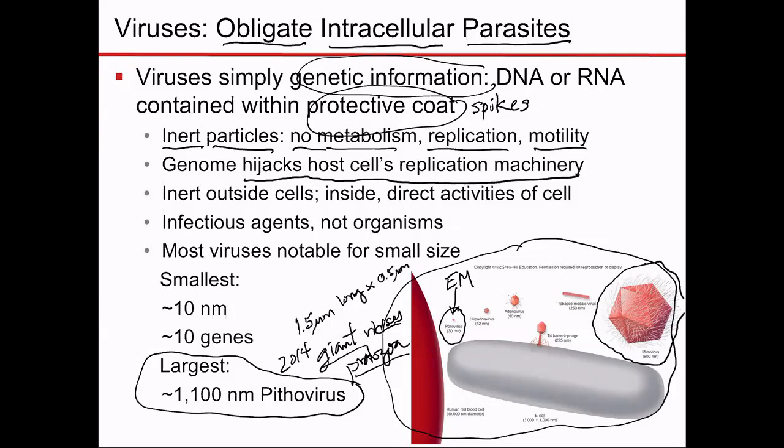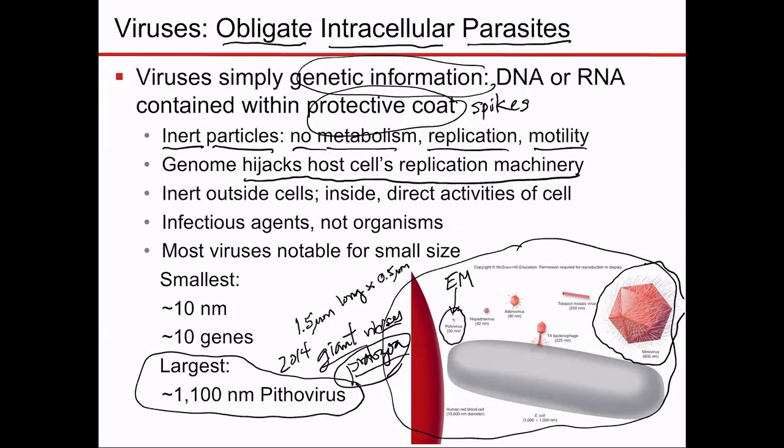Because they're so big, of course, they cannot infect bacteria. They cannot fit into that bacteria. Instead, they find larger eukaryotic cells, like protozoa, to which they can attach, enter, and replicate.